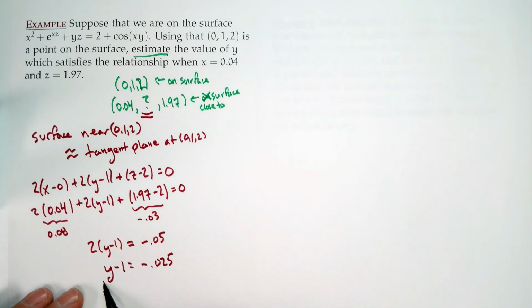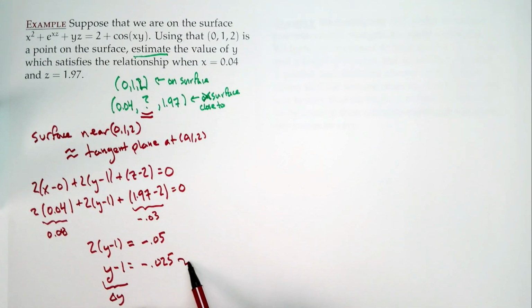Now, pause for a second. Y minus 1, we should think of this as our change in y. So what this is saying is that the amount that y should change is negative 0.025 if I were on the tangent plane. So if I'm on the surface, it's approximately negative 0.025. Now, since we wanted to solve for y, not the change in y, the last thing to do is add 1 to both sides.